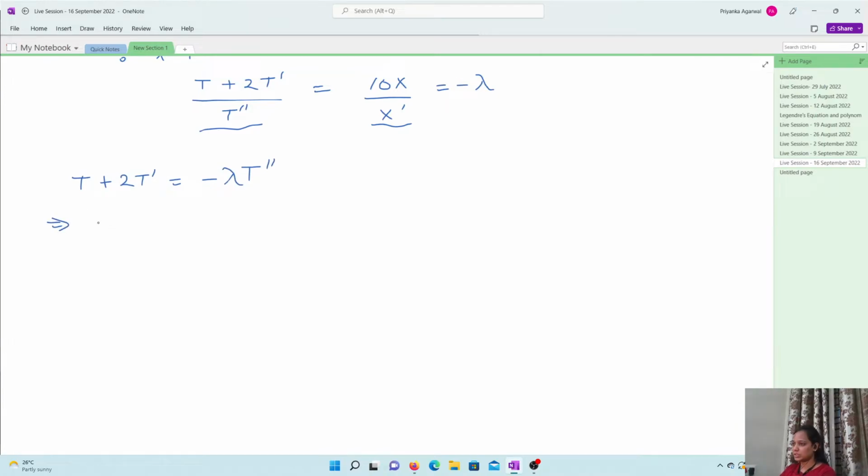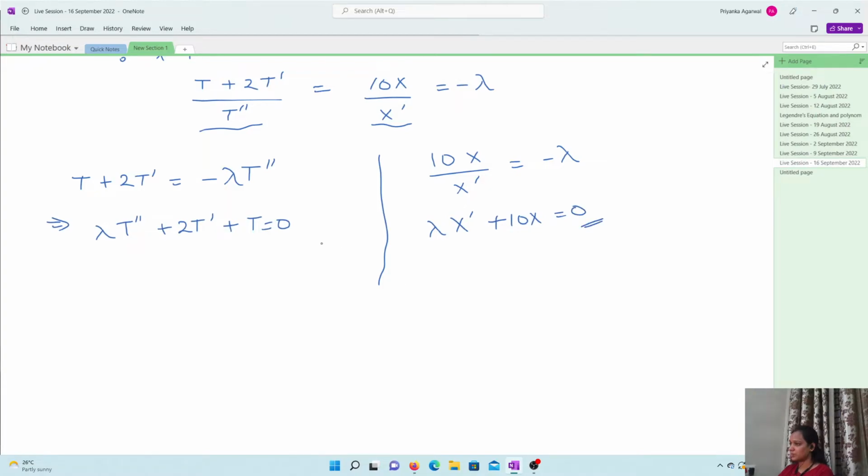This can be written as lambda T double dash plus 2T prime plus T equals 0, and the other form is 10X over X prime equals minus lambda, which becomes lambda X prime plus 10X equals 0. So we have these two equations.